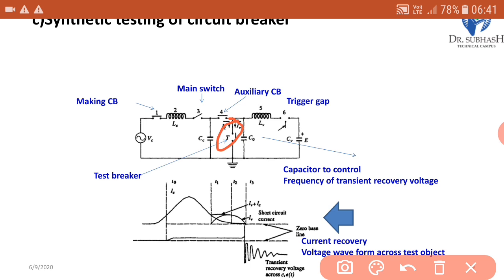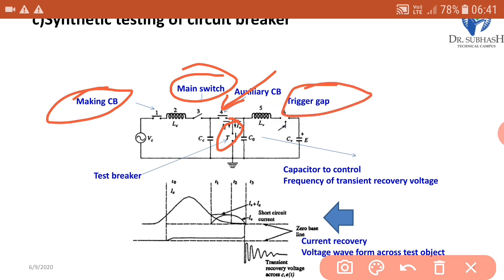It means the breaker of the circuit breaker that testing is to be done on, and here we can see auxiliary circuit breaker, then main switch, making circuit breaker. Here is a trigger gap. So setup is somewhat like we have seen before. So same way we can do synthetic testing.